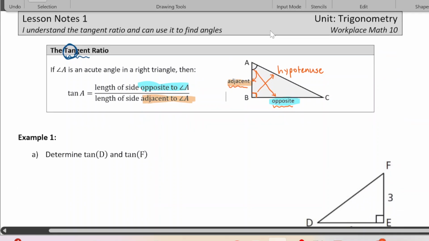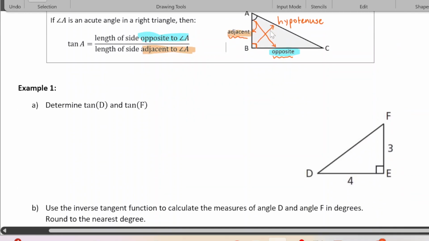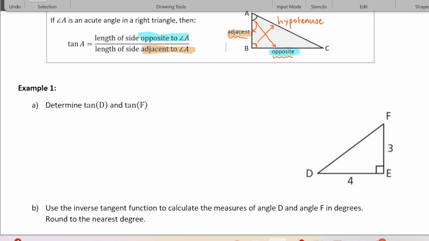Let's practice labeling and writing the tangent ratios for angle D and angle F in this question. I'm going to use blue when I'm talking about angle D. So here's angle D on this triangle. Now, if I'm looking straight across from D, this is going to be the opposite side. Actually, I'll write the full name, opposite, because it's the first time we're doing it.